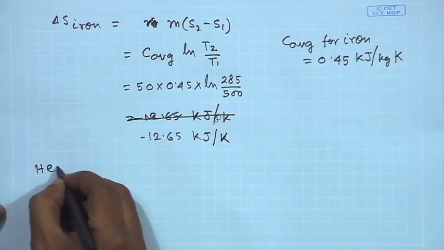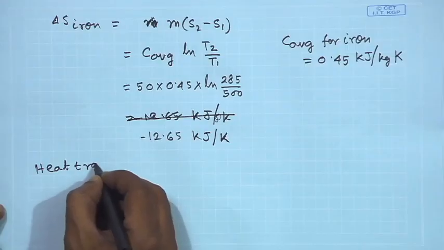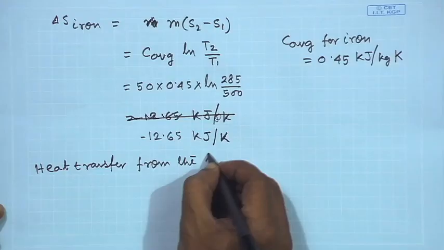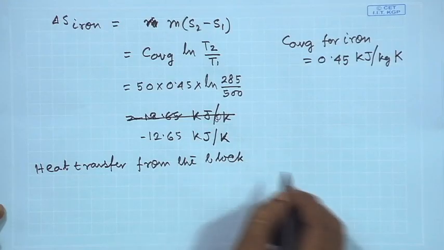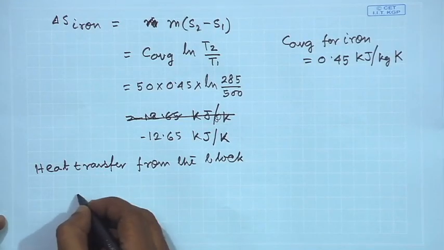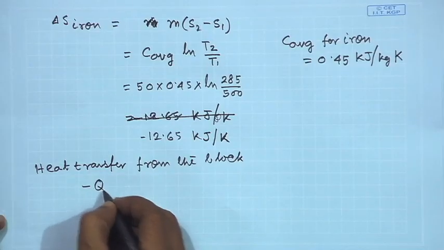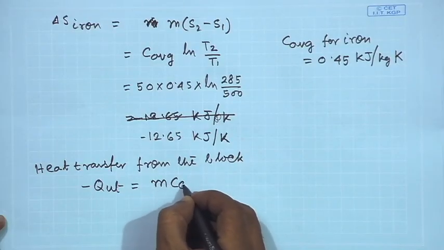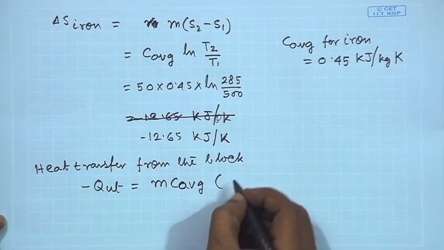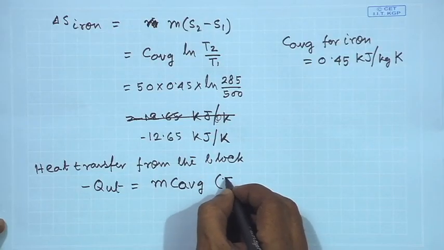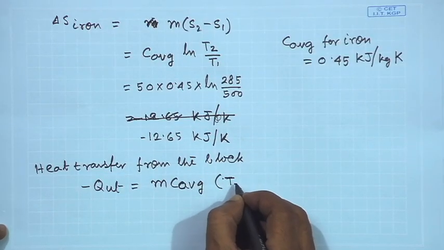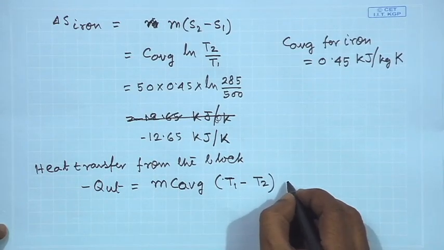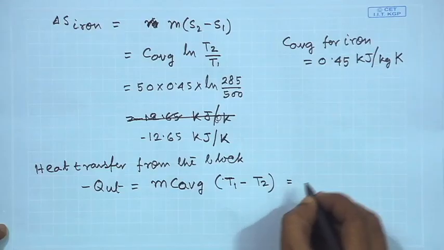Heat transfer from the block, that will be minus Q out, that will be m into C average into T1 minus T2, and putting all these things you will get 4838 kilojoule.